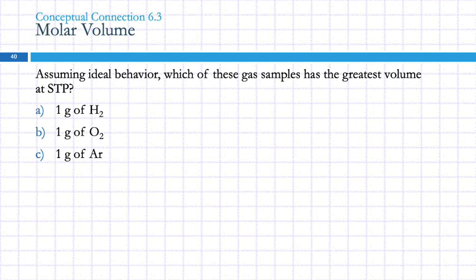So the volume depends on the number of particles, right? So we want to know which of these is going to give us the most particles. And that's going to be the one that has the heaviest atom or the lightest atom? The lightest. And so that would be the hydrogen. Any questions about that?